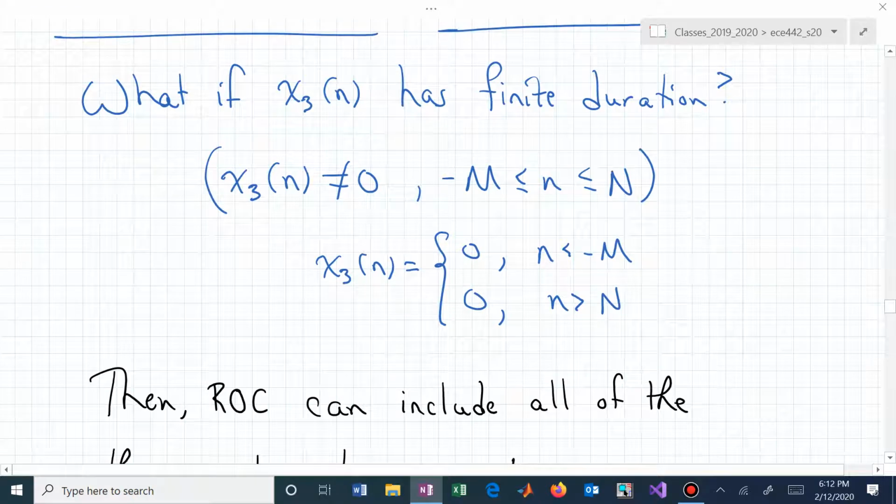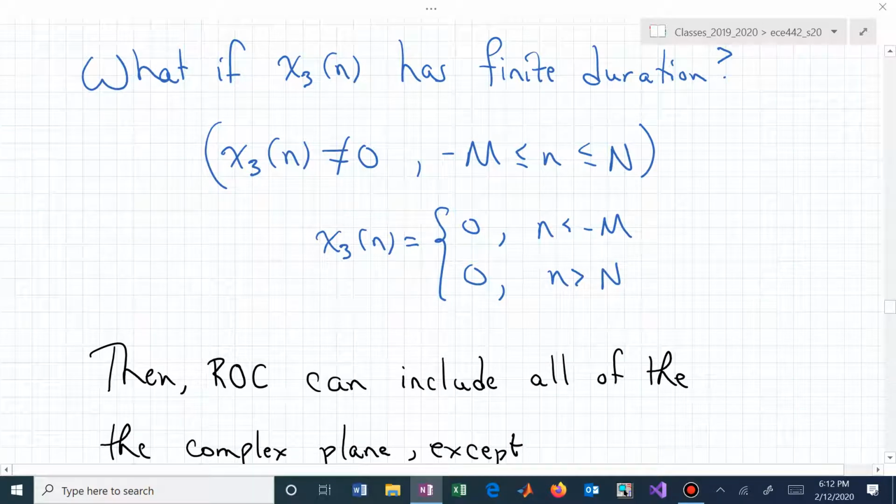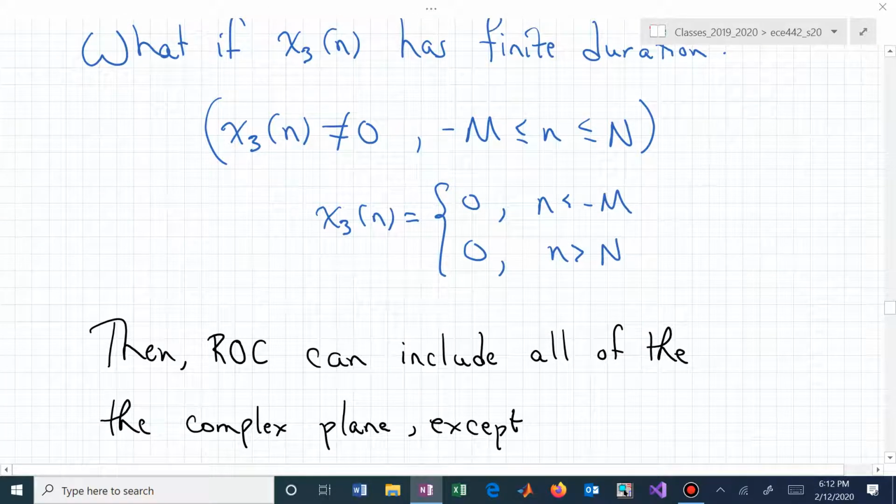What if x sub 3 has a finite duration? This was one of your homework problems, really, in a region of convergence sense. Now I'm saying x sub 3 of n is not 0 only for a finite set of time indices n, from minus capital N up to capital N. Or x sub 3 of n is 0 for n less than minus capital N and little n greater than capital N, Nevada.